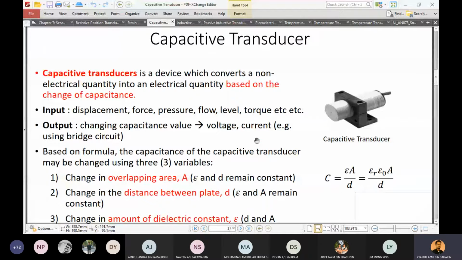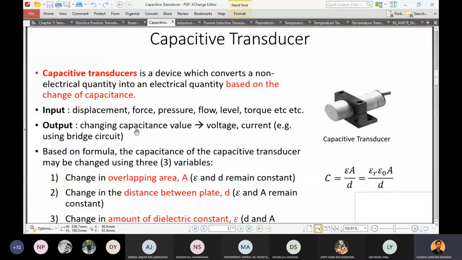So with a capacitive transducer, we can use it to measure a non-electrical quantity based on the change of an electrical quantity. So many applications we can use. Apart from displacement, we can also use the capacitive transducer principle to measure force, pressure, flow, torque, and so on.